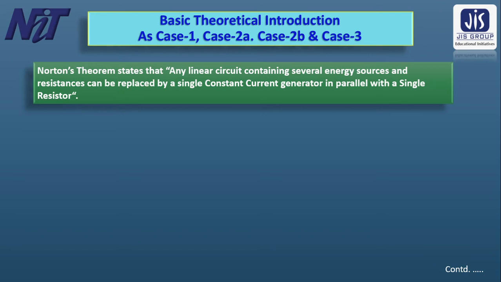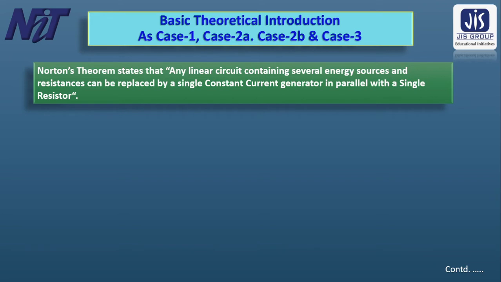Let us learn what Norton theorem is and what the motto of doing this experiment is. Norton's theorem states that any linear circuit containing several energy sources and resistances, or you can say elements, can be replaced by a single constant current generator in parallel with a single resistor.